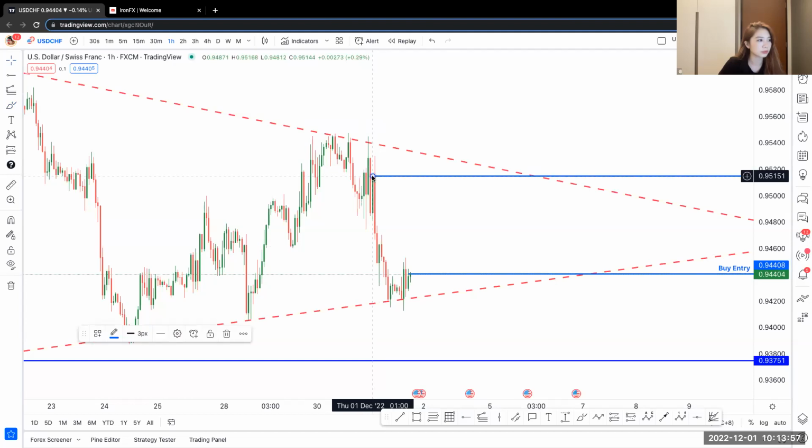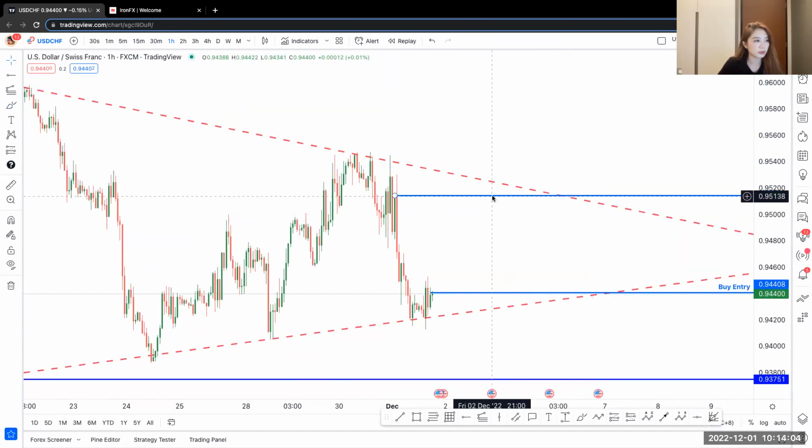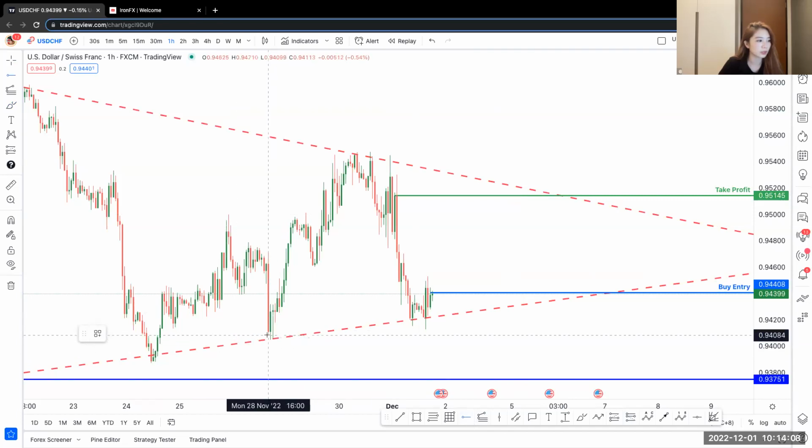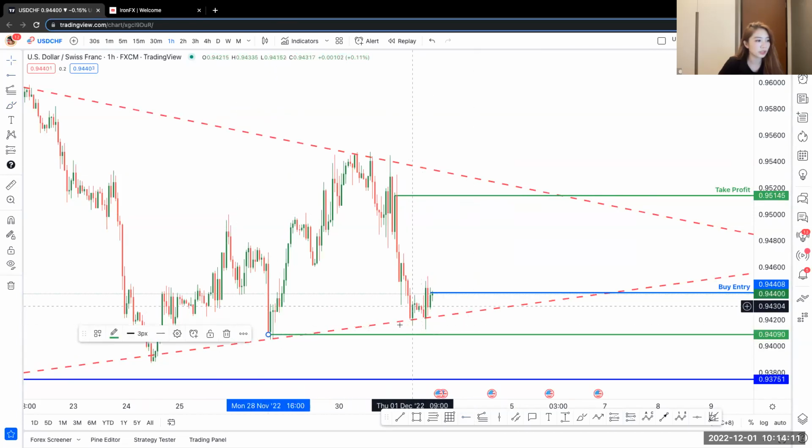And I will take profit over here, roughly in line with our downward moving trend line. Let's also put our stop loss just right below our dip beforehand.